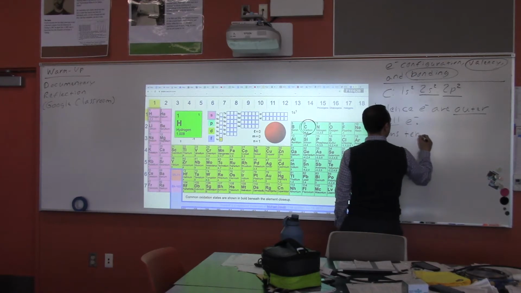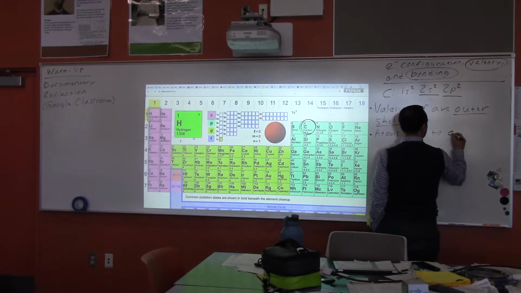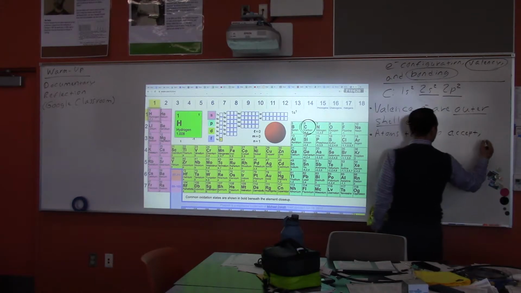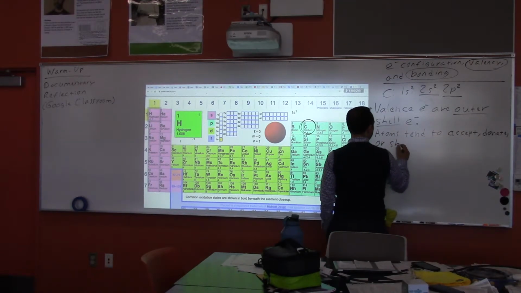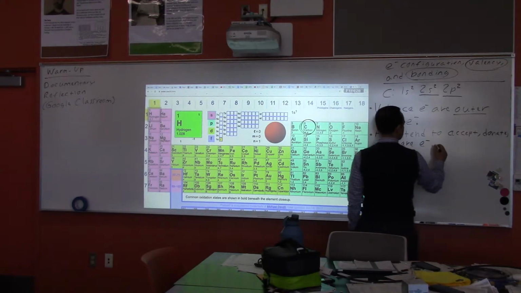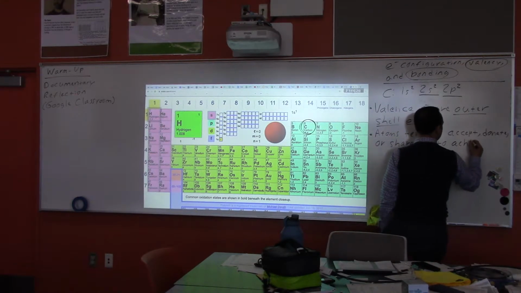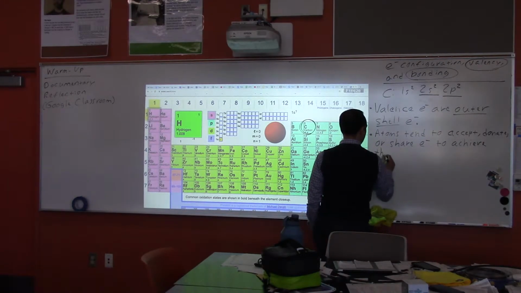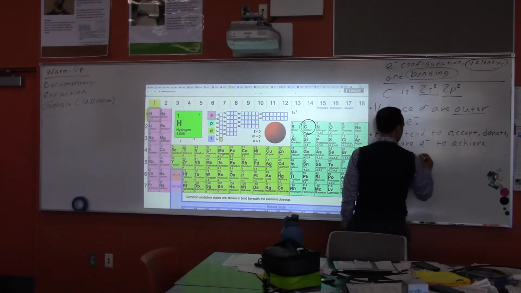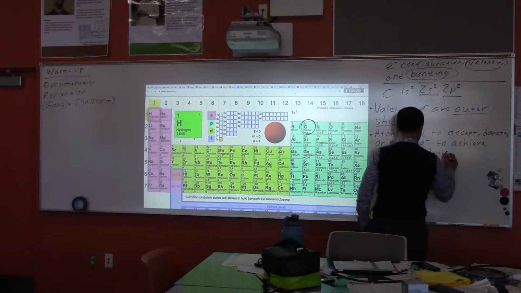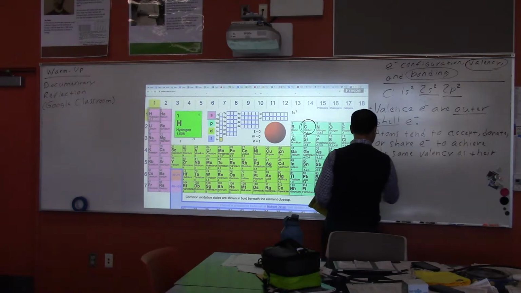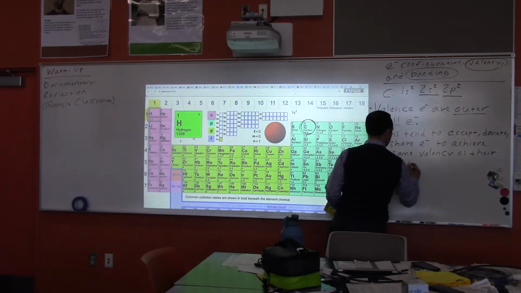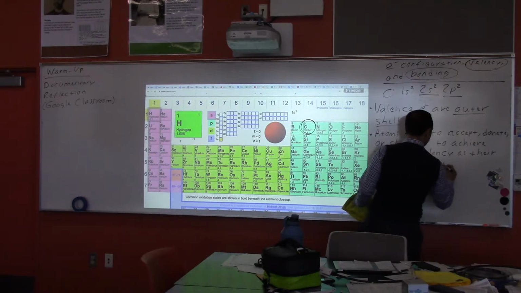Atoms tend to accept, donate, or share electrons to achieve the same valency as their nearest noble gas.